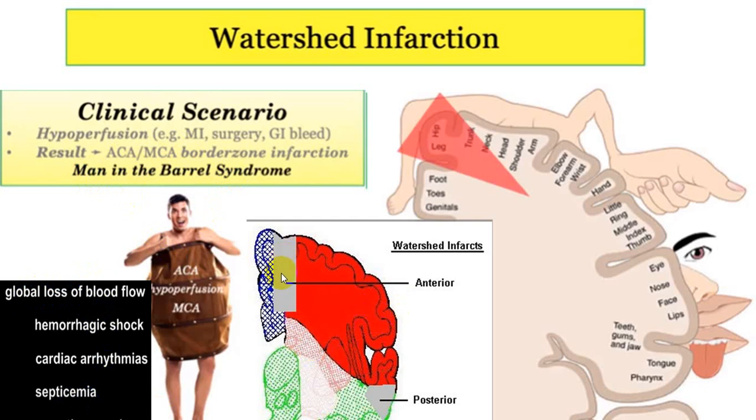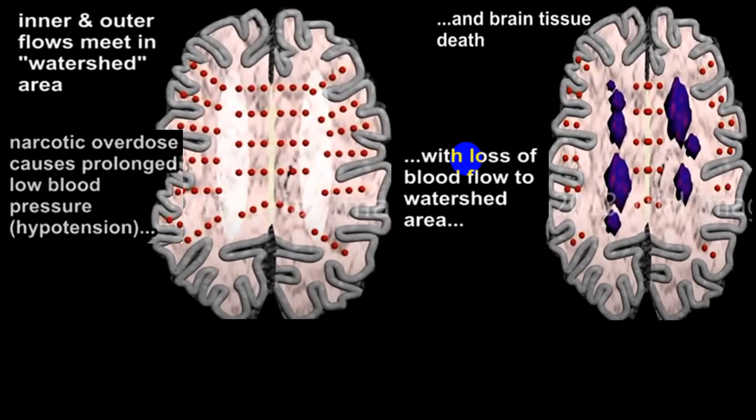This will be one watershed area between the anterior cerebral artery and middle cerebral artery. And whenever you get damage, this area will be damaged. So that will be very, very typical. These are the common conditions: watershed areas, narcotic overdose, hypotension.